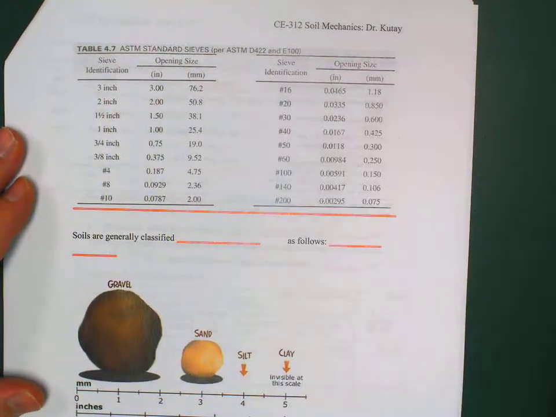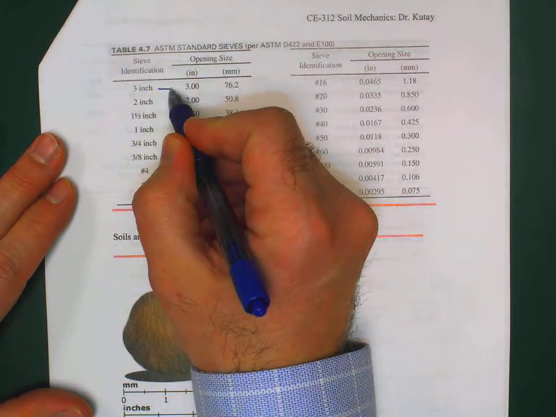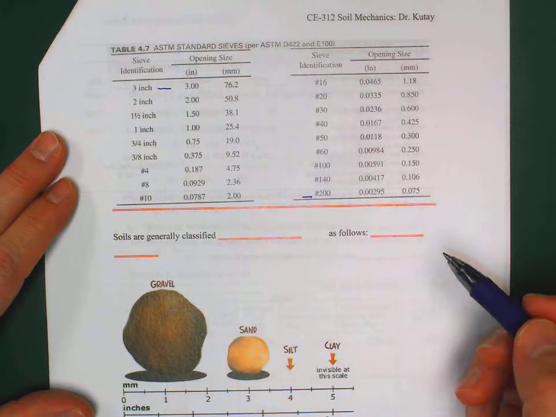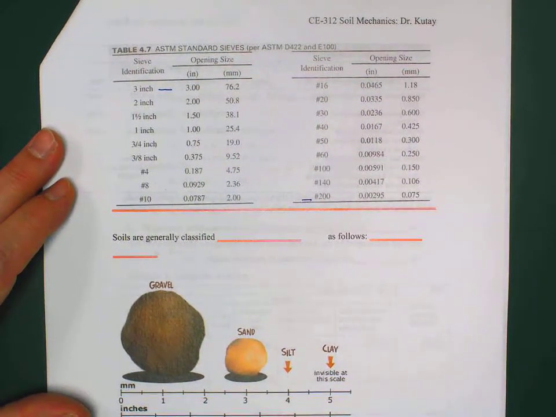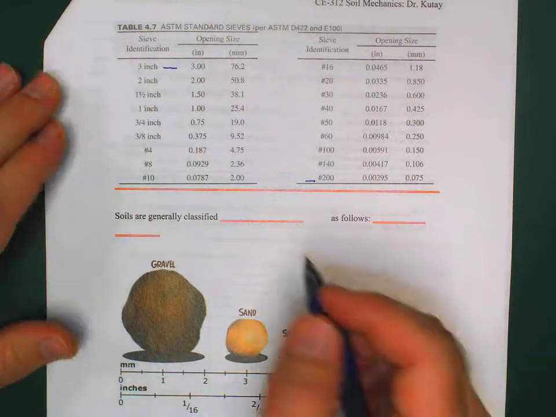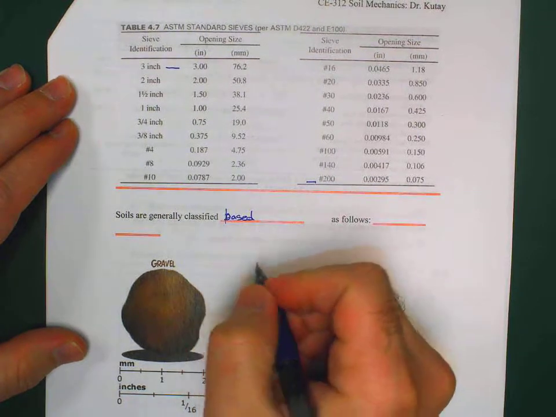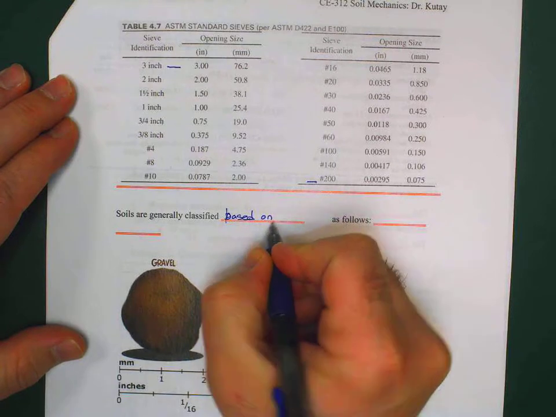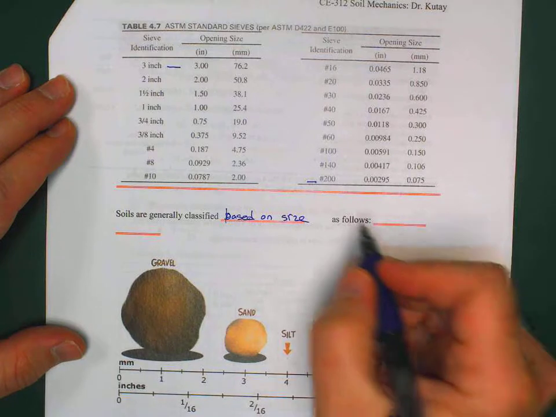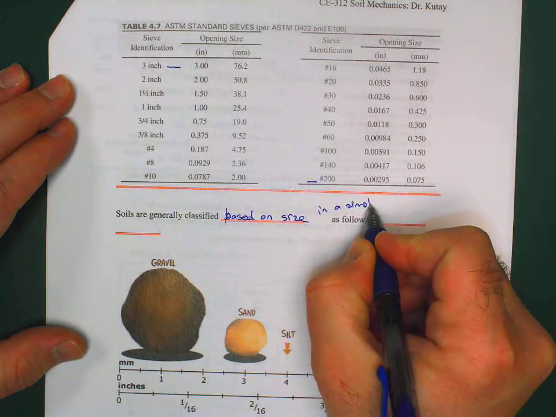What you're seeing here is the largest sieve that is available out there and the smallest sieve, and different sizes in inches and millimeters. We classify soils, as I said, based on size, in a simple manner.